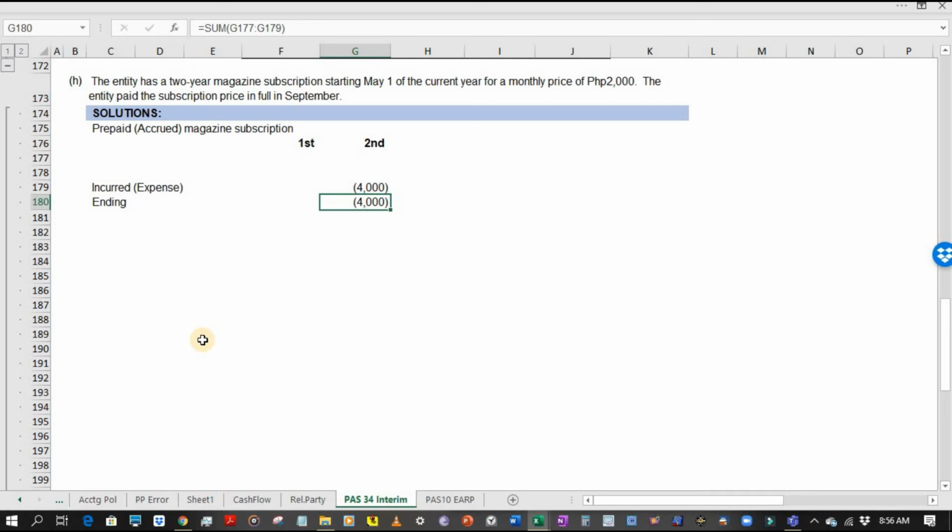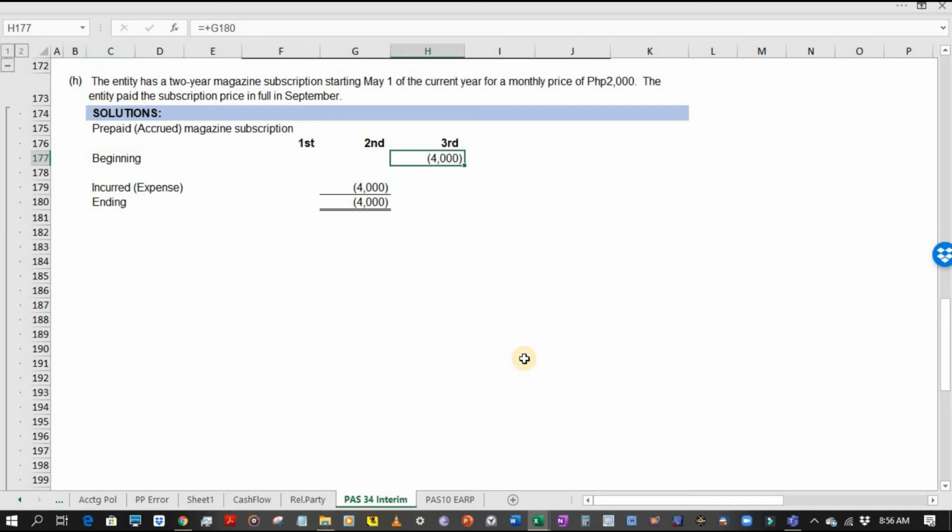And in its second quarter income statement, which is the non-cumulative income statement, the subscription expense that will appear is 4,000 pesos. Then let's proceed to the third quarter. We have a beginning balance of the accrued magazine subscription of 4,000 pesos.